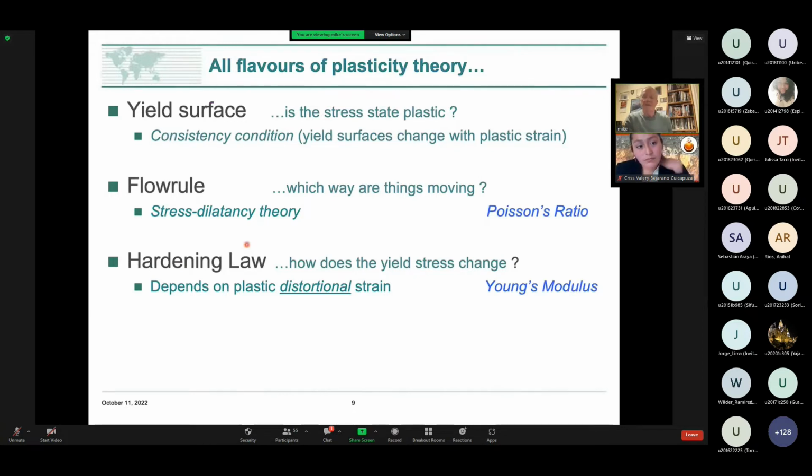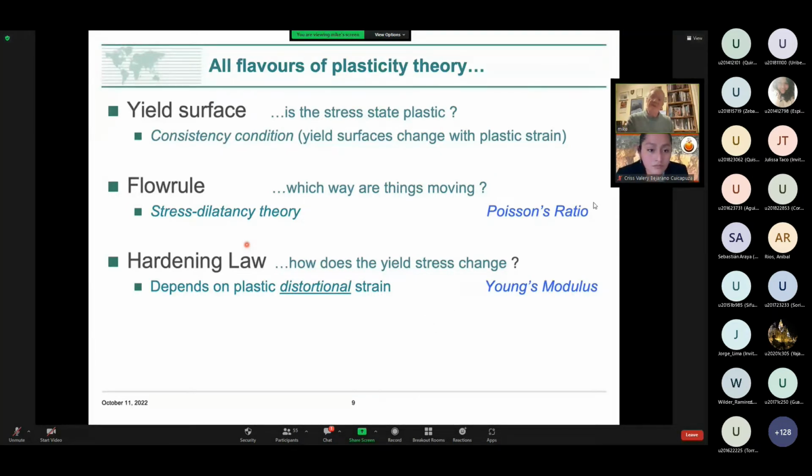Now, any theory of plasticity has three components. We have a yield surface, sketched in stress space, which defines the area in which you can only have elastic movements, and the stress conditions under which you start developing plastic strains. We have a flow rule, which tells you which way things are moving. Is it moving up, down, left, right, into the page, out of the page? In elasticity, you'd know this as Poisson's ratio; it's the plastic equivalent of Poisson's ratio.